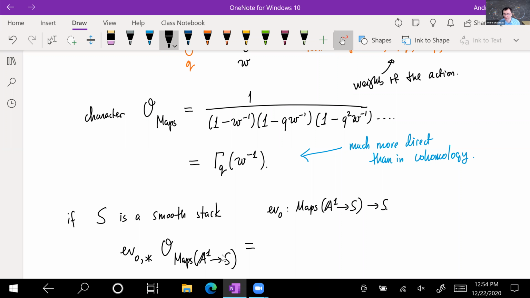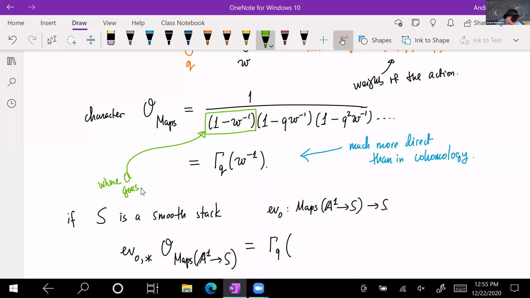So this is now a class that lives on S, and that class is the Q gamma function of the Q, because then of course the first part is where the point goes. This third thing says where 0 goes. The constant term tells you where the 0 goes, and so this is already accomplished by the push forward.